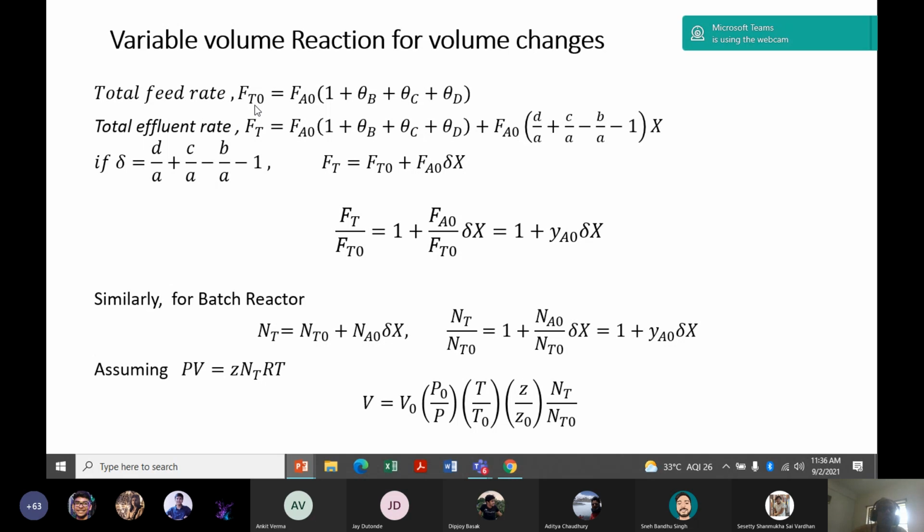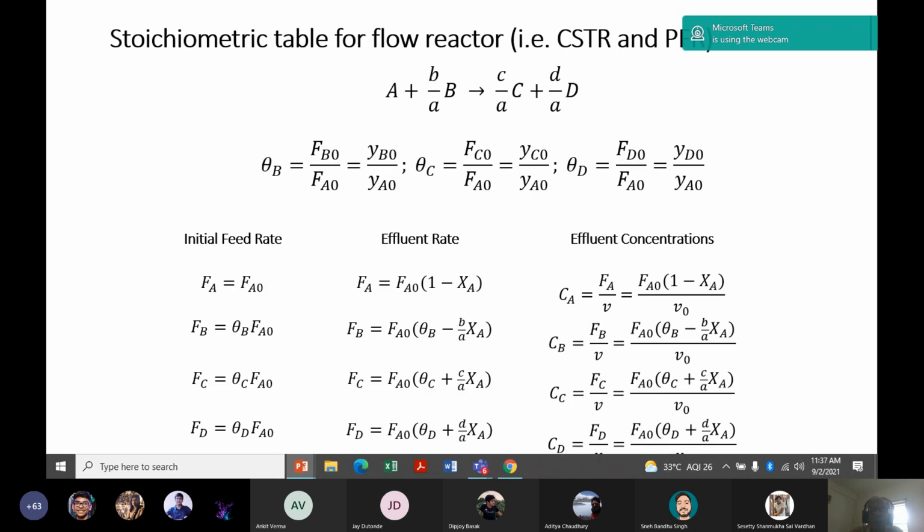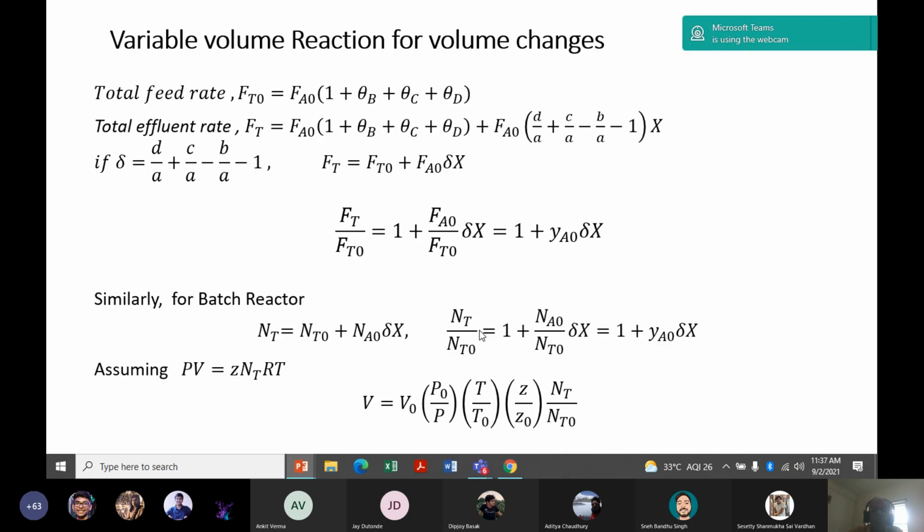For the total feed rate Ft0 we can write FA0, then theta B multiplied by FA0, theta C multiplied by FA0; we can take FA0 outside a bracket: 1 plus theta B, theta C, theta D. And what is the total effluent rate? There will be two terms: one term containing the inlet condition, and the other term due to change with reaction. If you see the stoichiometric table, you will find that with change during reaction you are finding FB multiplied by b by a XA.